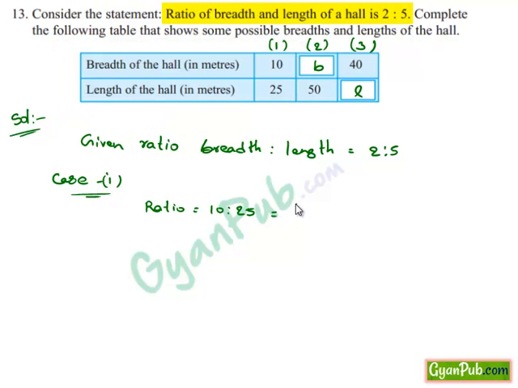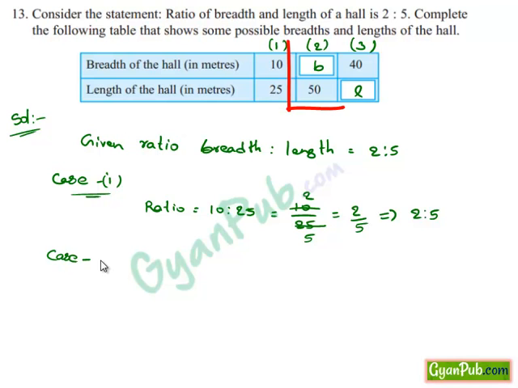This can be written as 10/25, and 10 and 25 are multiples of 5. So 5 goes in 10 by 2 times and in 25 by 5 times, which gives 2/5. This implies the ratio is 2:5. In the first case, the ratio between breadth and length is 2:5.